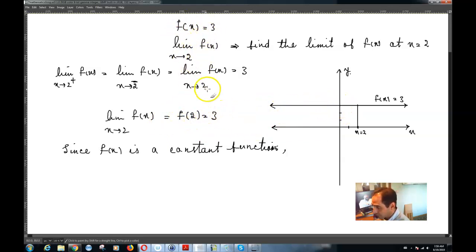Basically f of x. So what that means is that you can write the limit of f of x for a constant function. If f of x is a constant function, then the limit of f of x as x tends to a is equal to f of a, and that is equal to f of x.